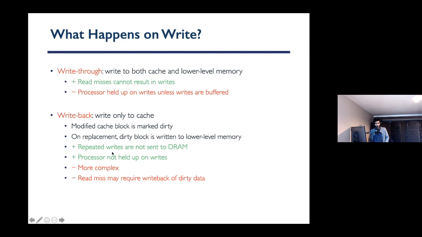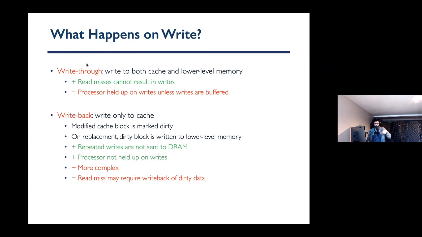So what are the upsides? Well, the first one is that let's say you keep writing to one particular cache block. With write through, all these writes have to go to memory, right?